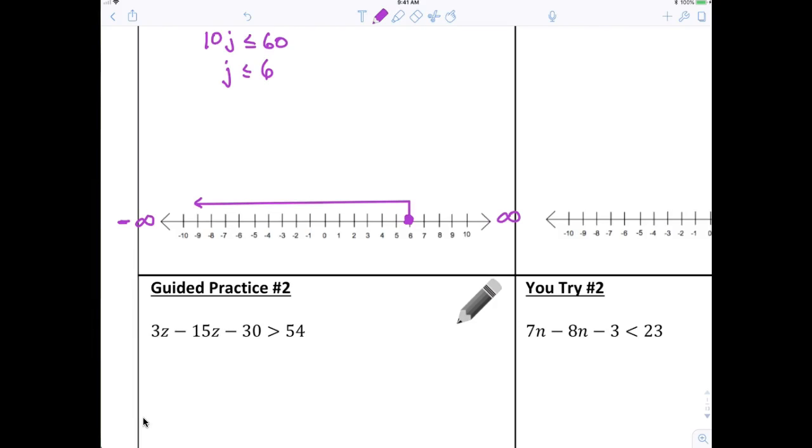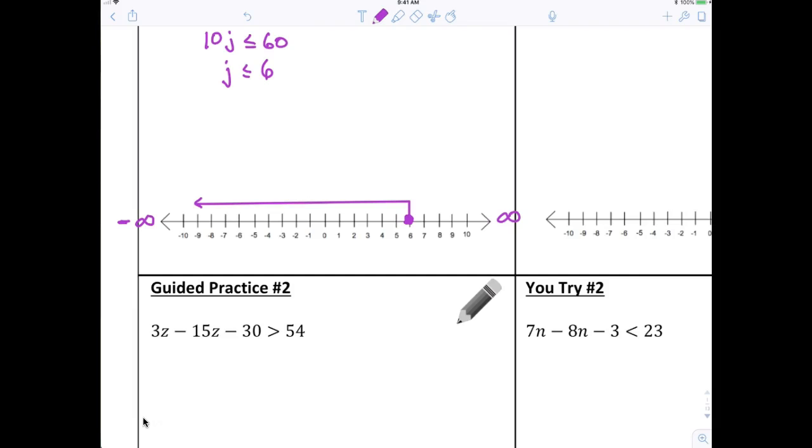Now, listen. As you progress, we don't really use a number line anymore. We use interval notation. So what exactly is interval notation? You read numbers from what to what? Left to right.